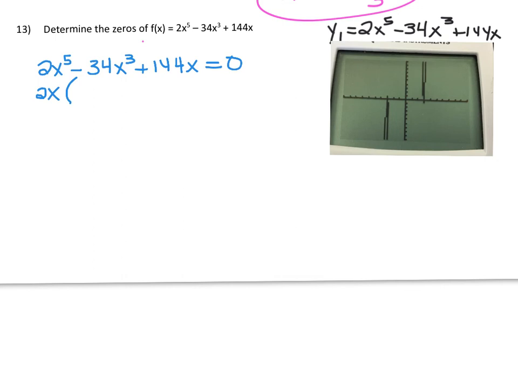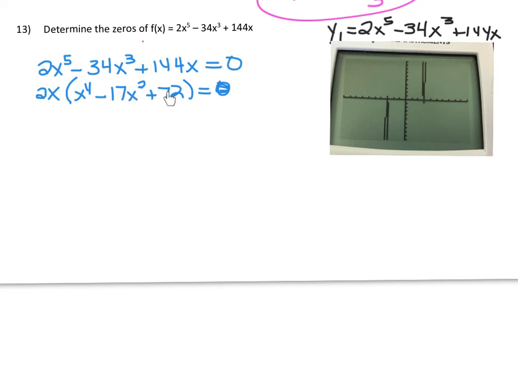When I pull out a 2x, it leaves me with x to the 4th minus 17x squared, and then plus 72 equals 0. That's supposed to be a 0. There we go. Okay, so again, all I did was I took this expression, the left-hand side of the equation, and I factored out a 2x, which left me with x to the 4th minus 17x squared plus 72.